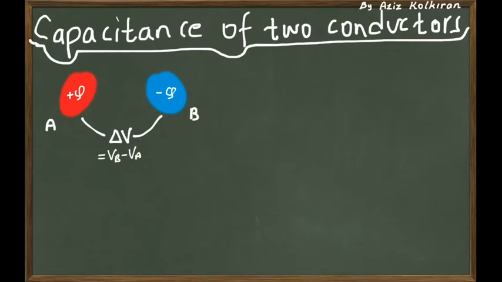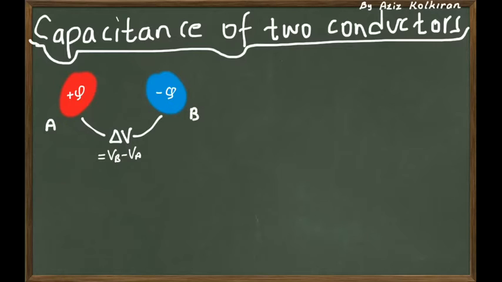If you define the capacitance of two conductors, then one of the conductors is positively charged Q, and the other has exactly the same magnitude but opposite charge, minus Q. If they have, for example, plus Q and minus 2Q, you cannot define any capacitance. Forget it. There is no such thing.